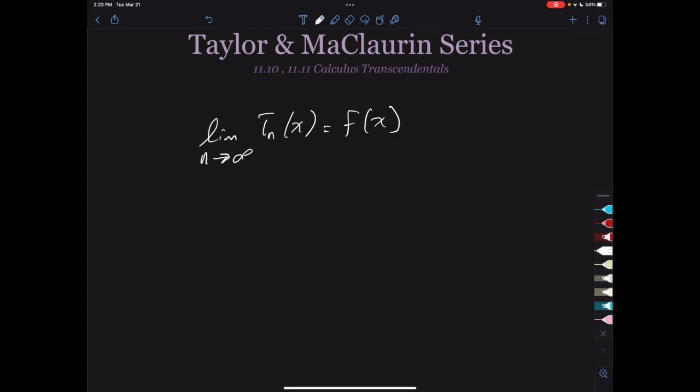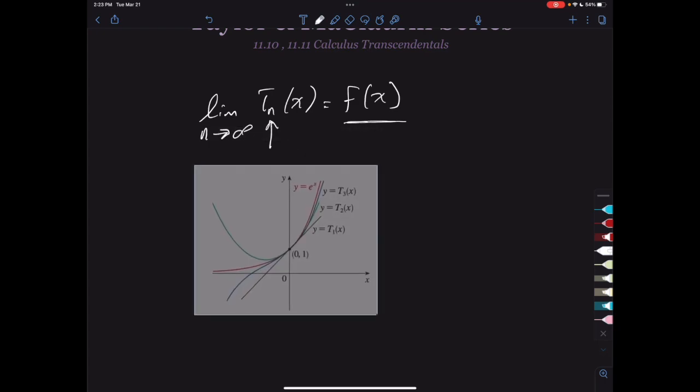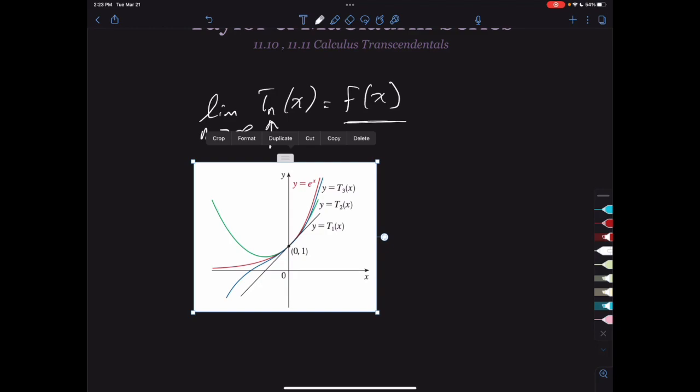This is our mathematical notation or understanding for this concept. This means that as the nth term, quote unquote, grows, and we add more terms of the series, the sum of the series will resemble the original function. So for instance, the limit of the Taylor series for e to the x as n goes to infinity matches the exact value of e to the x for whatever number is plugged in for x.